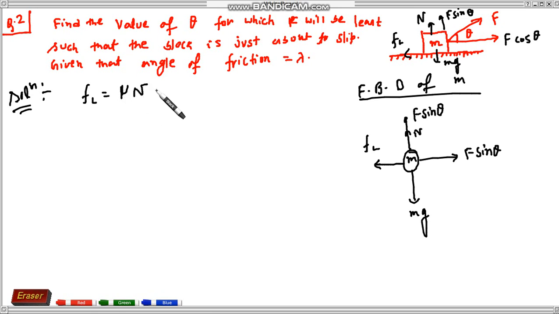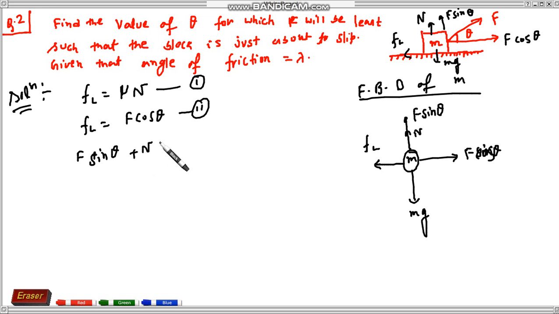Mu into N, equation 1. And the two equations at equilibrium: one is FL is equal to F sin theta, sorry, this will be F cos theta. So FL will be F cos theta, equation 2. And another equation is F sin theta plus N is equal to mg.